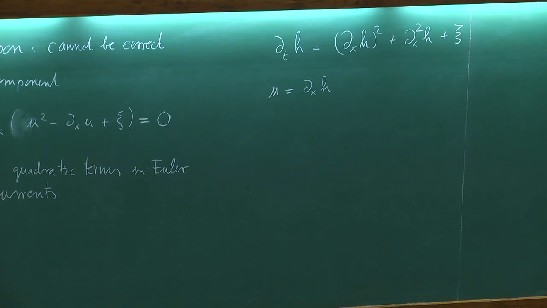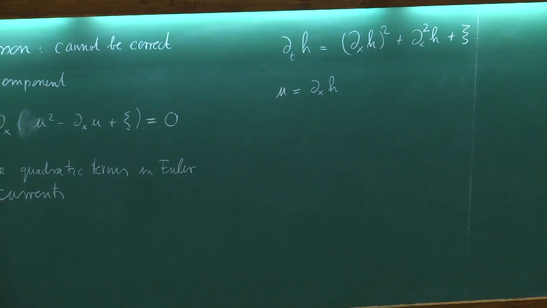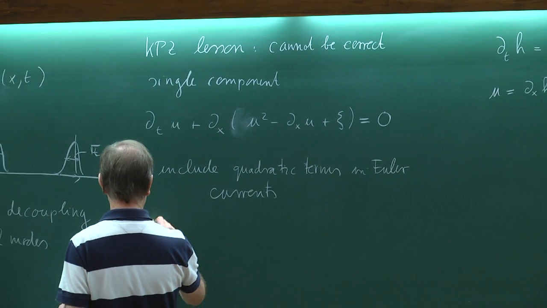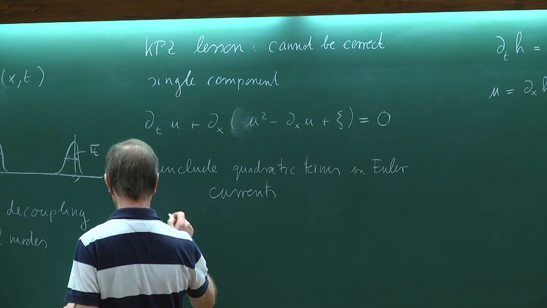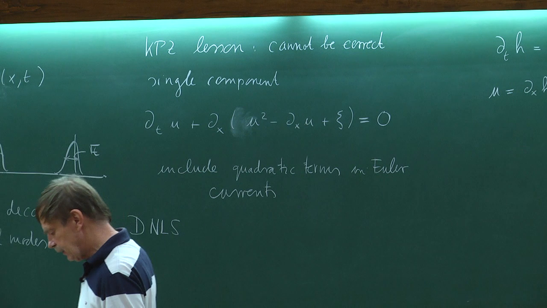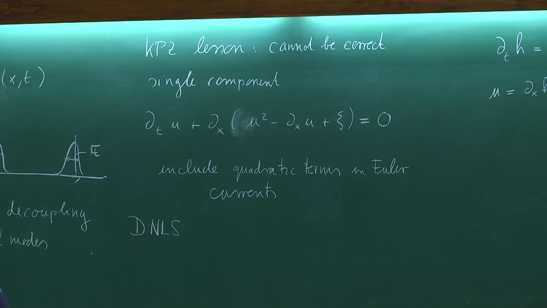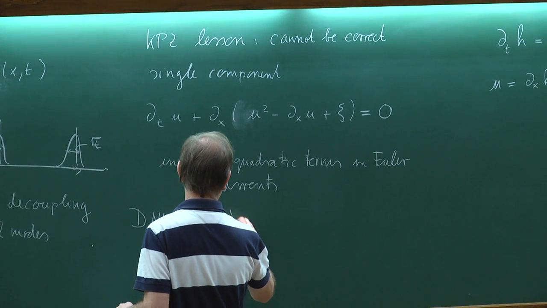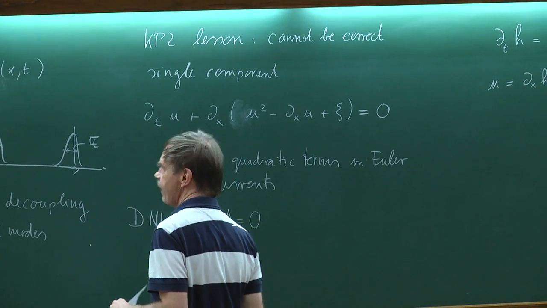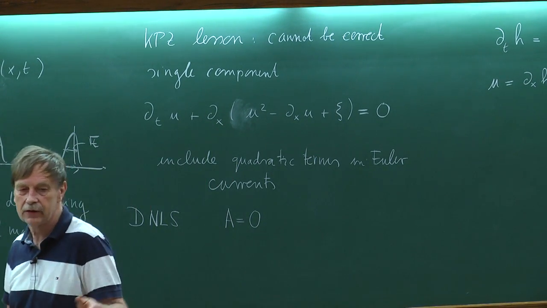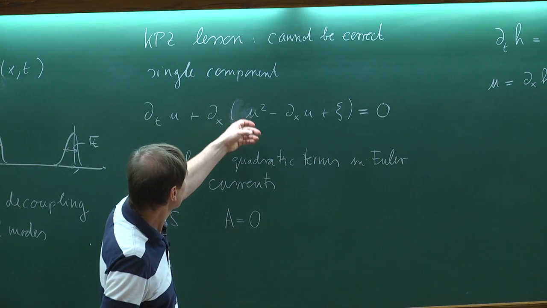Okay, so now let's do another small thing, namely let's look very quickly at the discrete nonlinear Schrödinger equation. And what I told you was that in this case, the A is equal to 0. So there are no nonlinear terms. There's not even a linear term.